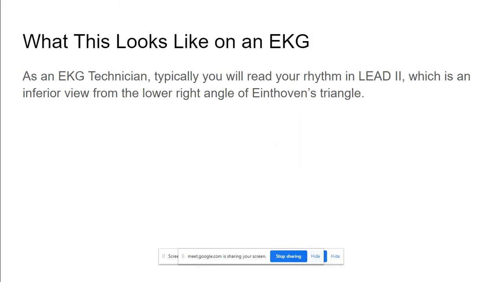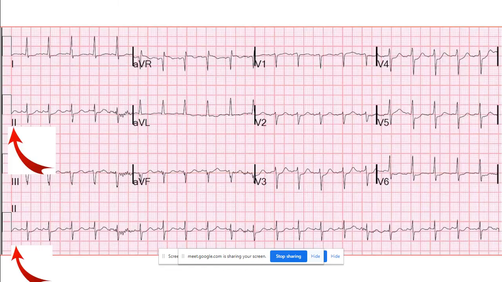All right, so I already told you typically you're going to read your rhythm in lead 2, whether it's on a telemetry strip or an EKG printout, which has all 12 views. And that is what the EKG looks like up close. I put these arrows in here.